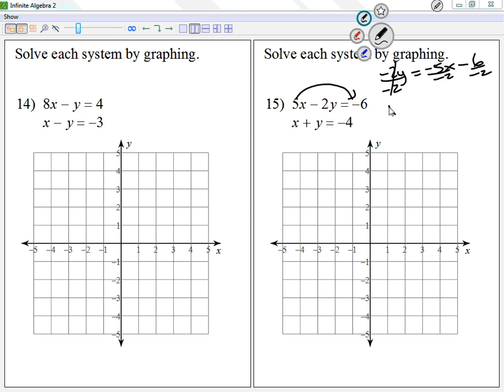So that looks like y is equal to positive 5 over 2 x plus 3. I can graph that one. Positive 3. Up 5 over 2. I have no room to go up 5. But when I have no room, I go back and change both of these signs. So now it says go down 5, 2 to the left. Go down 5, 2 to the left.